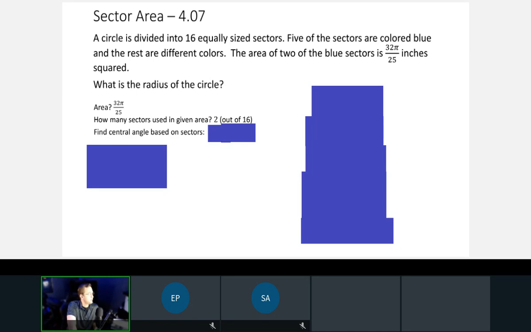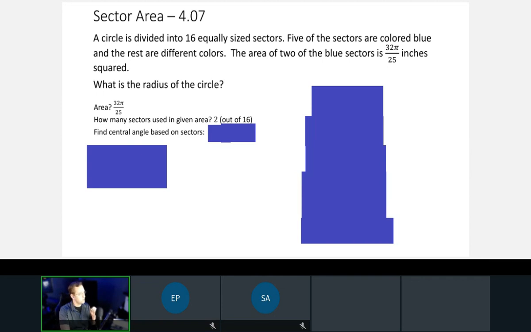The next line says, find the central angle based on the sector. If you can visualize or draw a circle like a pizza, divided up into 16 equally sized sectors, that's what we're dealing with here.